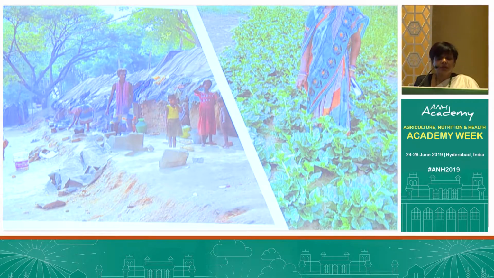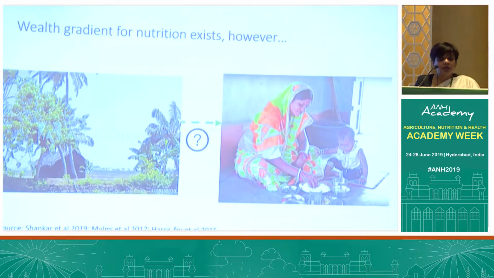Since there are some equity concerns, we thought, let's go and see with the baseline data that we have how land may be associated with nutrition outcomes. We know that land is an important asset and that there is a wealth gradient for nutrition.